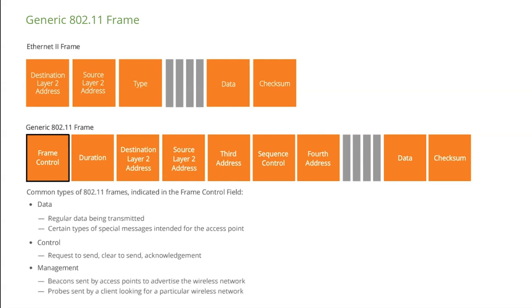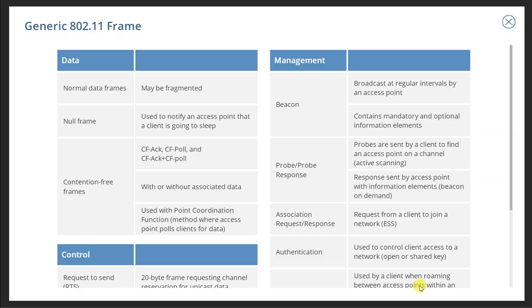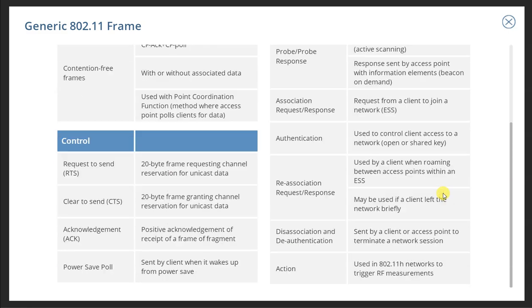Management frames include things like beacons sent by access points to advertise the wireless network or probes sent by a client looking for a particular wireless network. Click the Additional Information button to learn more about the different types of 802.11 frames. Here are some common types of data, control, and management frames in 802.11.